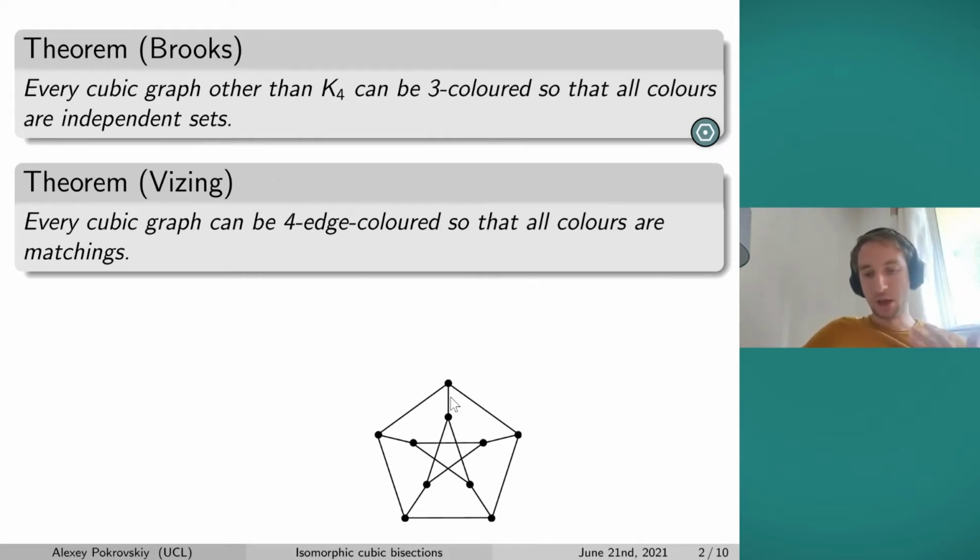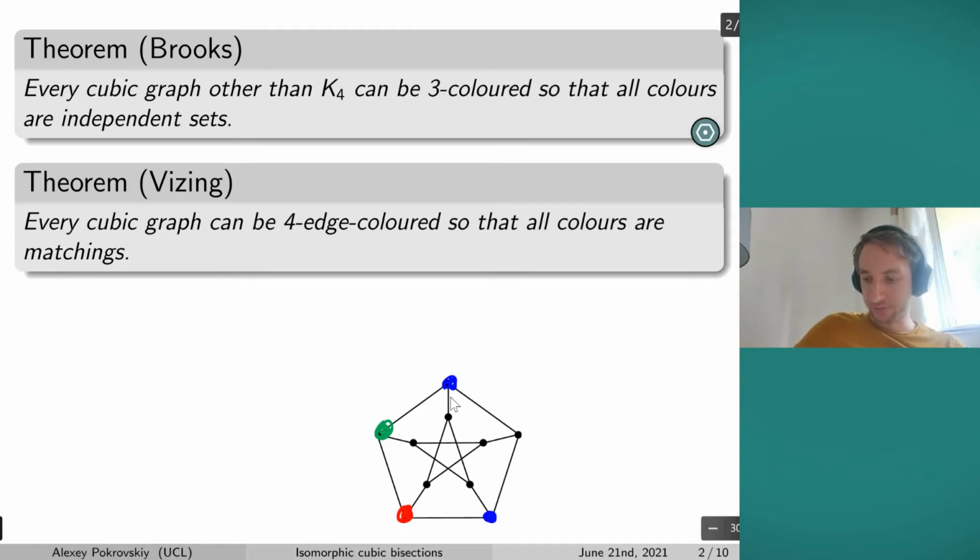So a proper coloring of a graph is a coloring of the vertices such that the monochromatic sets are independent sets. So they have the simplest possible structure. And what we know about this if we're looking at cubic graphs, Brooks' theorem, the special case of it for cubic graphs, tells us that unless you're K4, you can color every cubic graph using 3 colors.